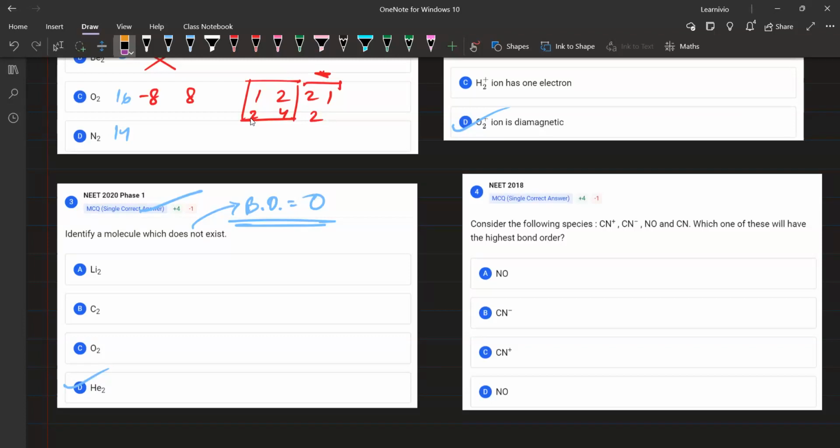हाँ. I should calculate the bond order for CN.